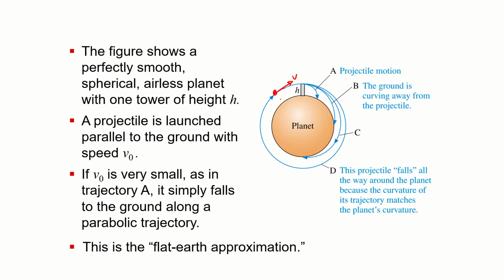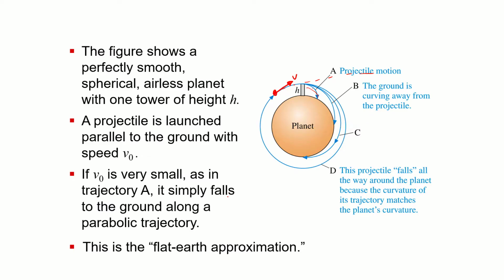You're close enough to Earth that there is a significant force pulling you towards Earth, and you keep falling, so this object is falling and accelerating towards Earth. It's moving at such a speed that it misses Earth every time it falls, right? If it was going slower, it would crash into Earth. If it was going much faster, it would careen off out into space and escape Earth's gravitational pull.